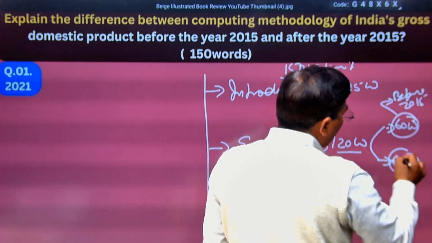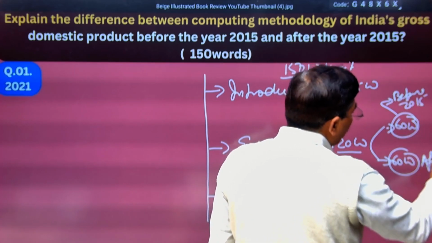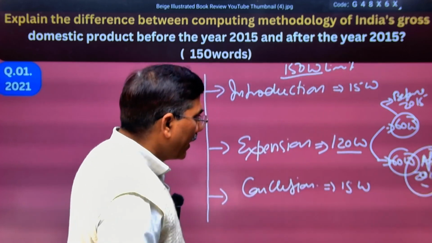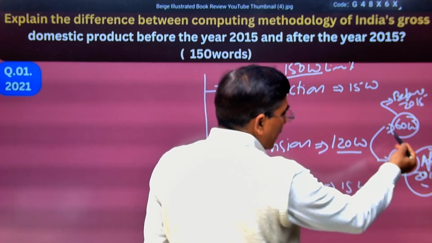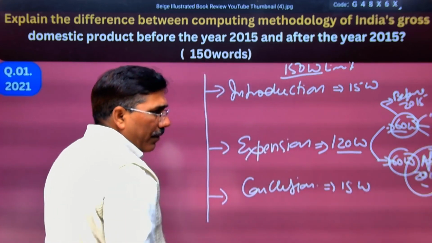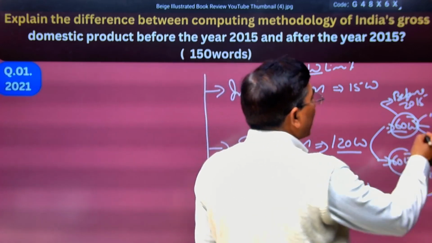You can make 2 paras or 3 paras according to your facility. Generally you can write 2 paras, that is better.